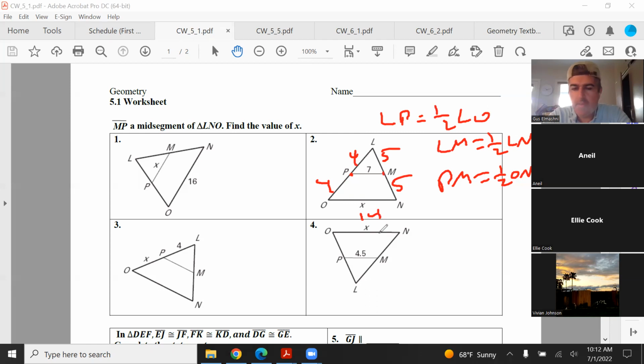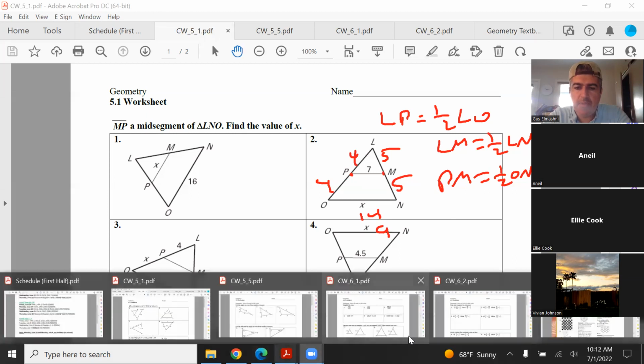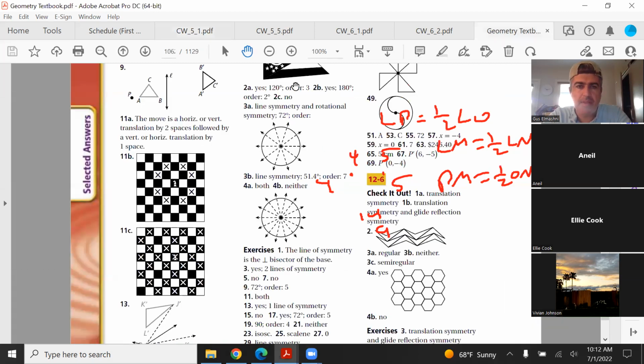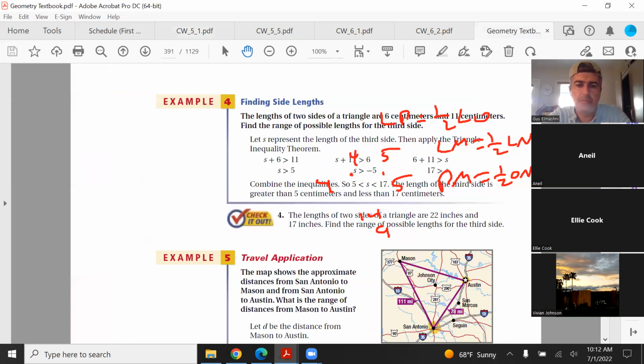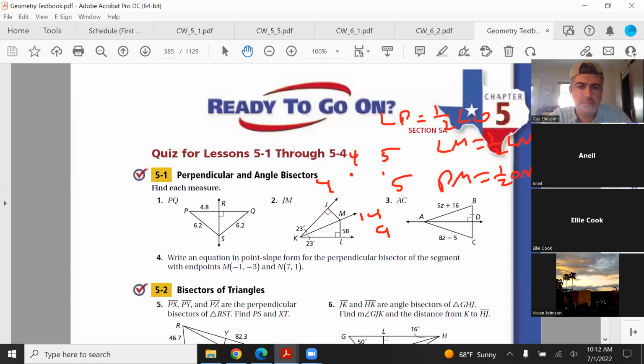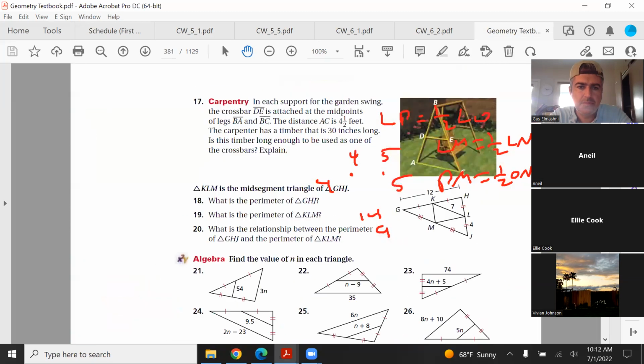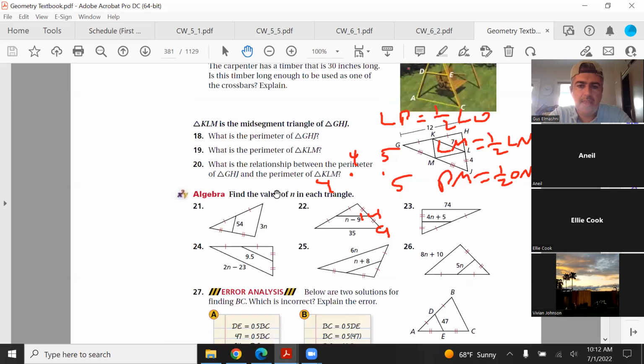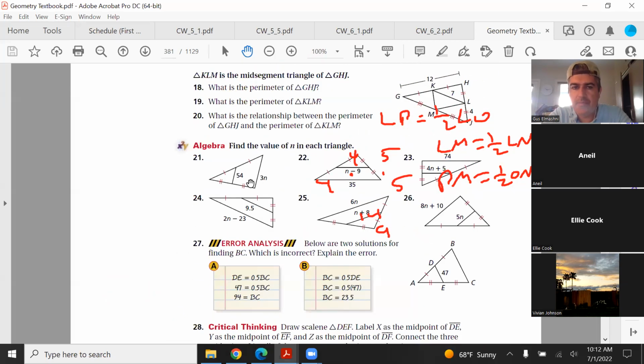That's number 2. And then number 4, same thing. That'd be 9. Same reasoning. Hope that makes sense for that one there. And so, yeah, definitely will be some opportunities to do some practice problems. Like you see some problems here, like 21 to 26.